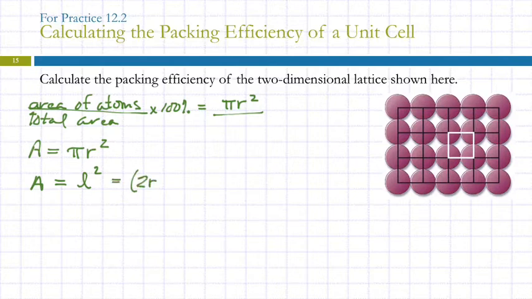So 2 times the radius squared is going to be 4r squared. Make sense? So pi r squared divided by 4r squared. What happens to those r squared? They cancel out. Phew, because we didn't know what r was. Turns out it doesn't matter what r is. The packing efficiency will be the same.